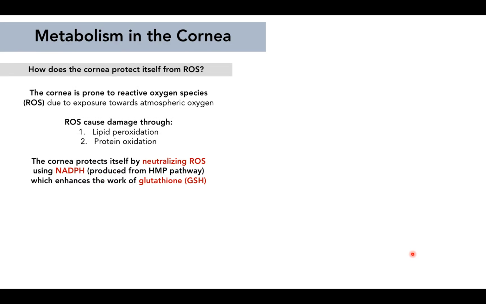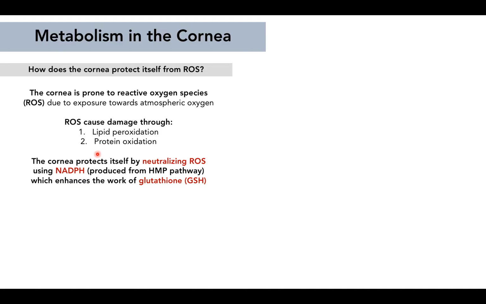Now, as you know, the cornea is the most outer part of the eye, and it's constantly exposed to environmental factors, including oxygen, meaning that the cornea is prone to the presence of reactive oxygen species, or ROS. The problem with ROS is it can cause a lot of damage to tissues through processes such as lipid peroxidation and also protein oxidation.